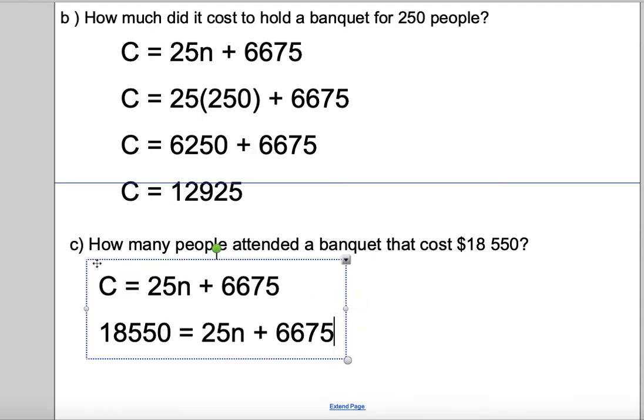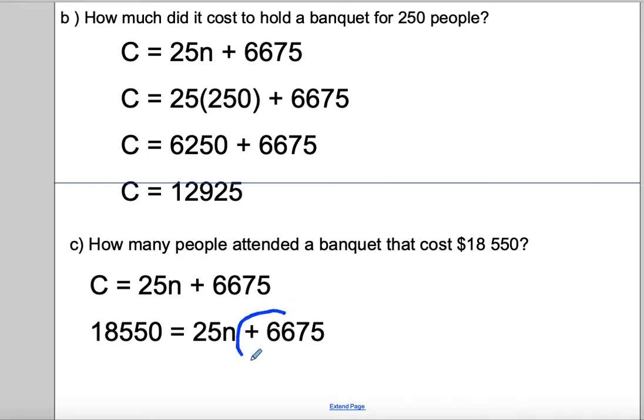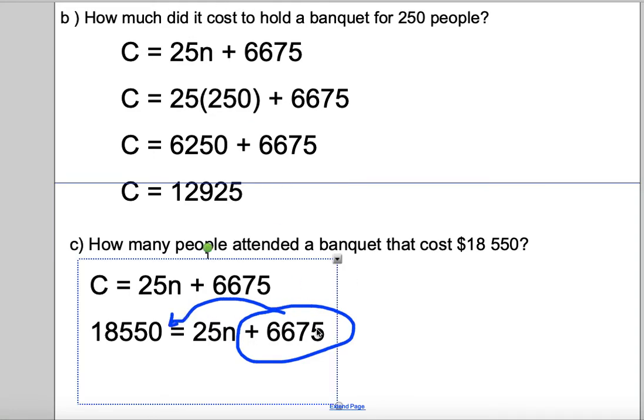This is one of those opportunities where you can isolate for n, or you sub this value in. I like to do it this way. I can show you the other way as well, but to start solving this, we're going to send that 6,675 to the other side of the equation.